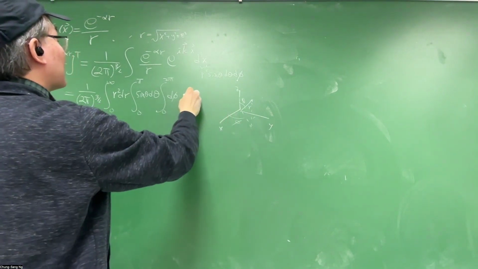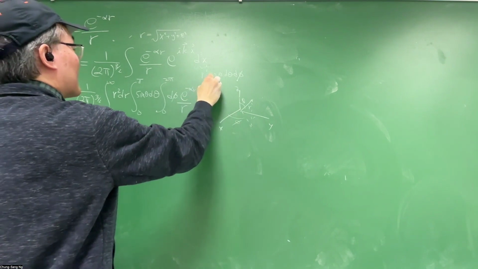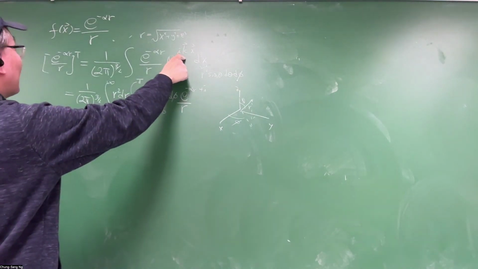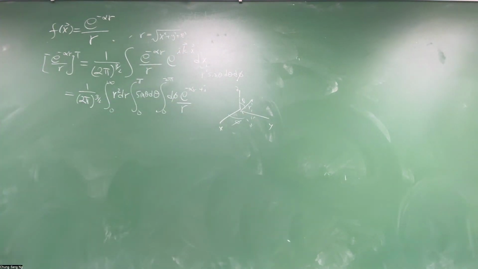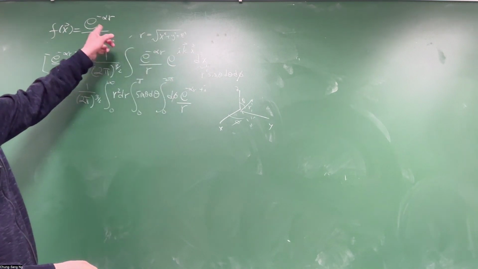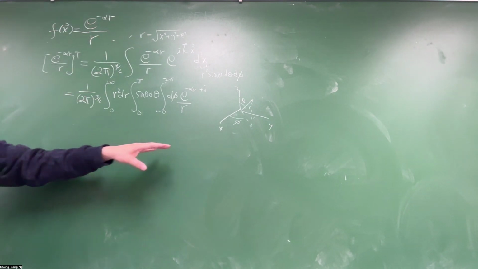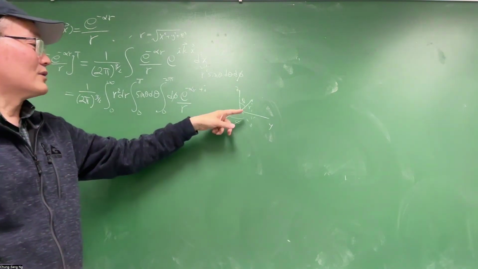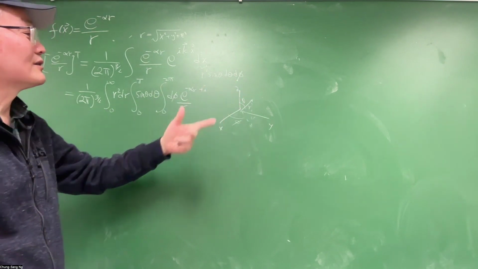And then you have this function, e to the minus alpha r divided by r, and then you have e to the i k dot x. Now we can do a common trick, because k is a given vector. This function only depends on radial distance, so you rotate your coordinate system, it doesn't change the length r.